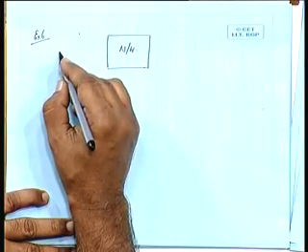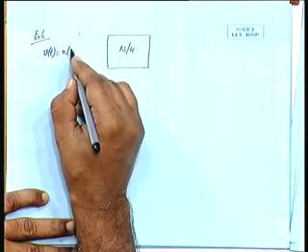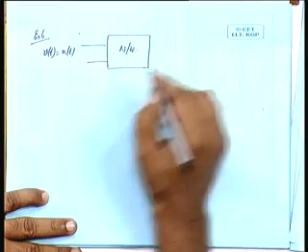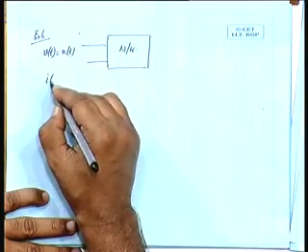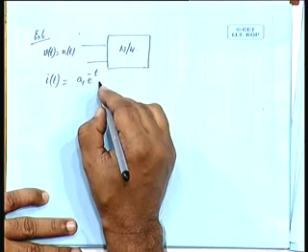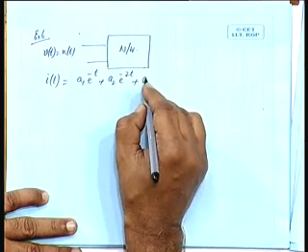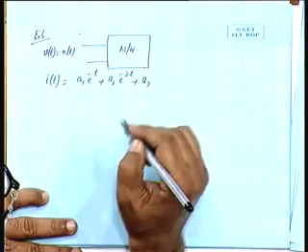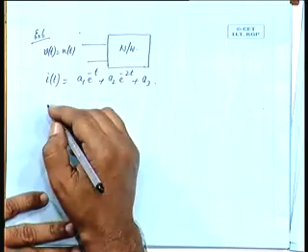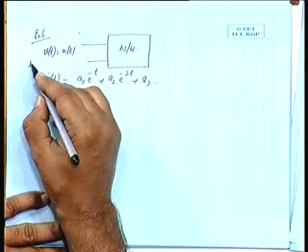If you apply a unit step of voltage, then the current is A1 e to the power minus t plus A2 e to the power minus 2t plus A3. If you apply a unit step of current, this is case 1.